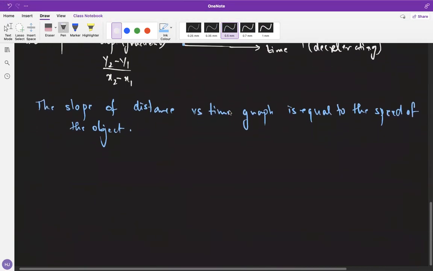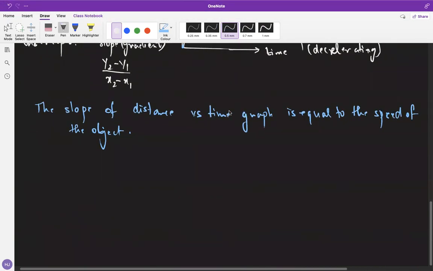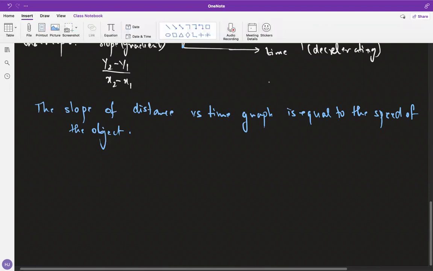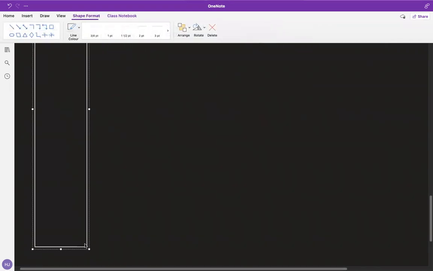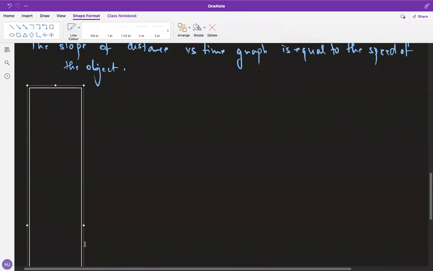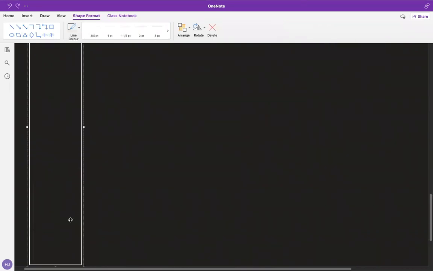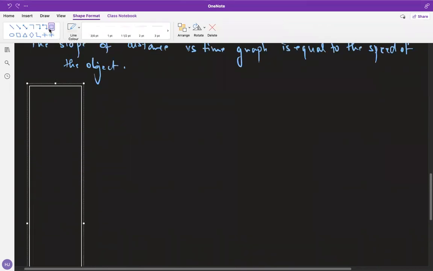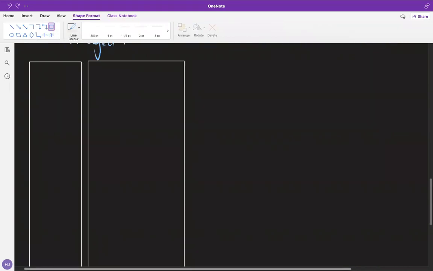So like this, what we're going to do now is tabulate information about distance, displacement, velocity, and speed. And then we will move on to the speed time graph section as well. We will prepare a table. Here I'm going to write the term that I'm interested in. Here we'll write information about a possibility of a graph.